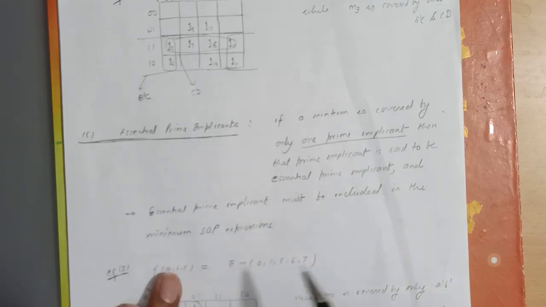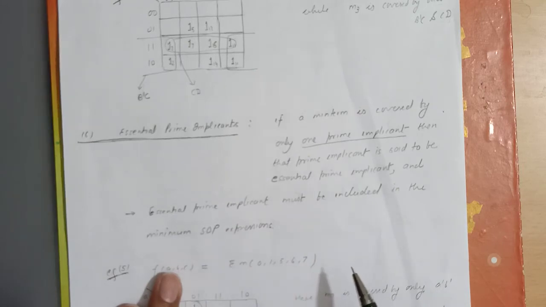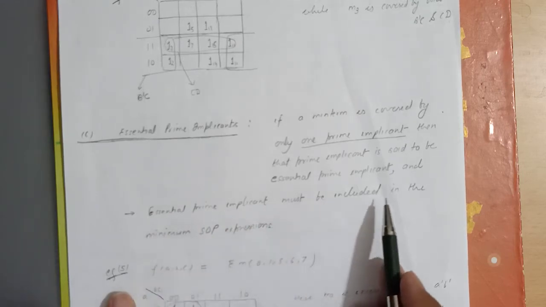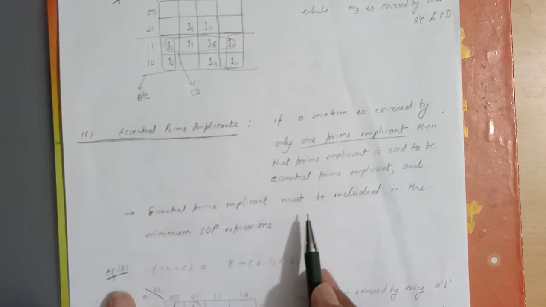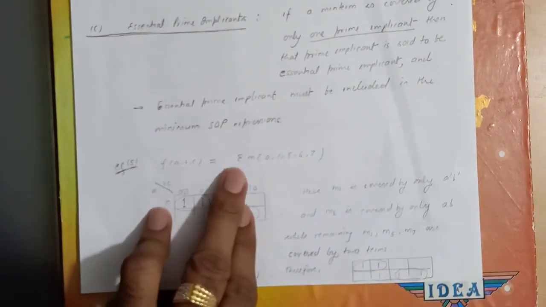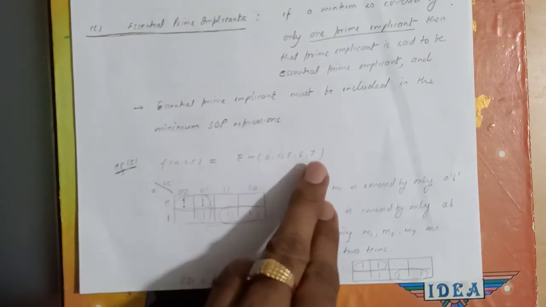Okay, so whenever we are finding minimum expression using K map, then essential prime implicant must be included in the minimum expression. Okay, so just suppose this is your example, f of abc is minterm 0 1 5 6 7.